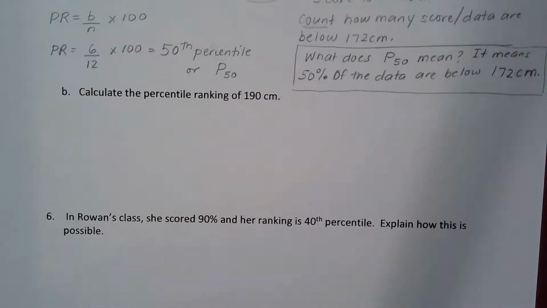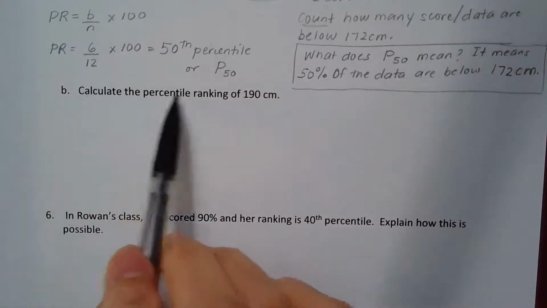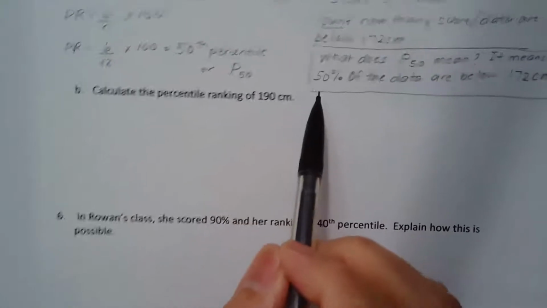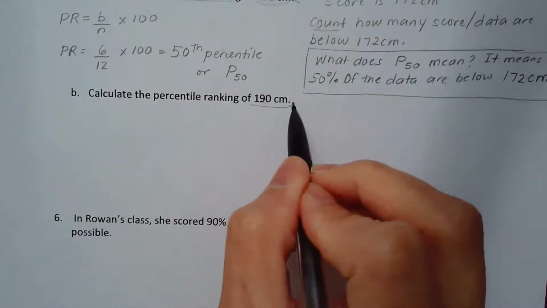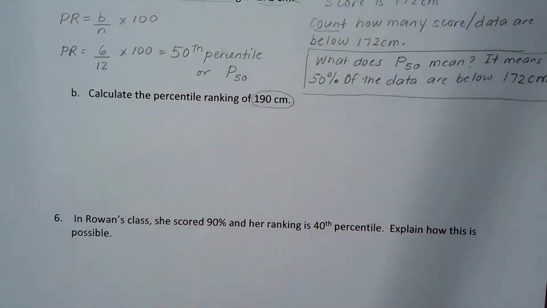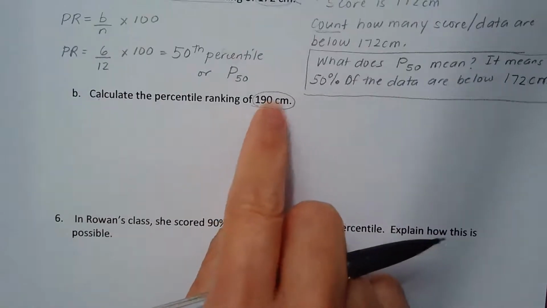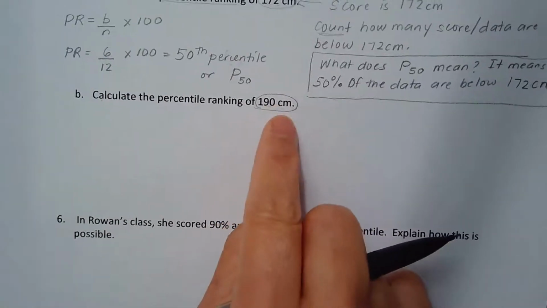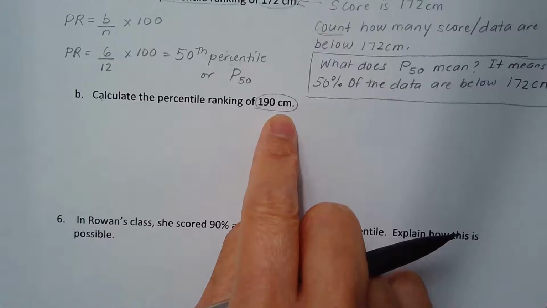So let's take a look at question number 5B. It says calculate the percentile ranking of 190 centimeters. Now this is the score that we're going to focus on. So now we're going to compare and look.